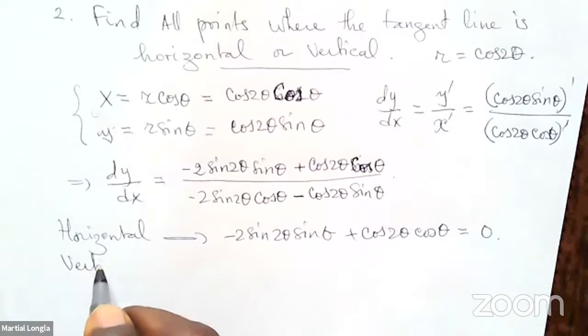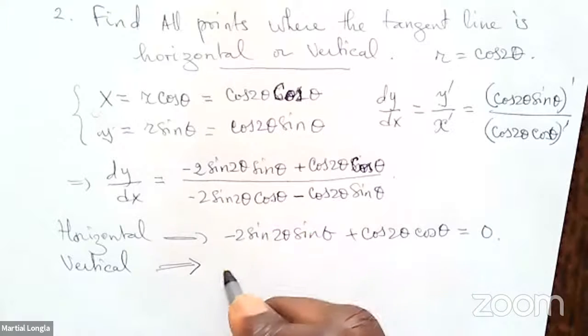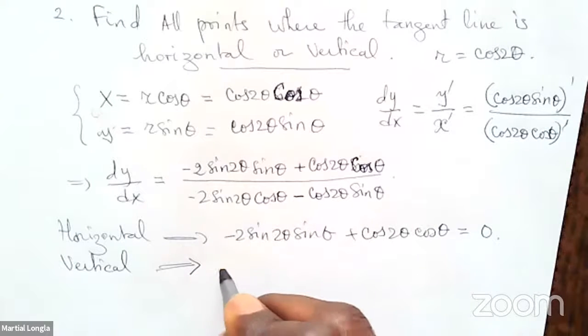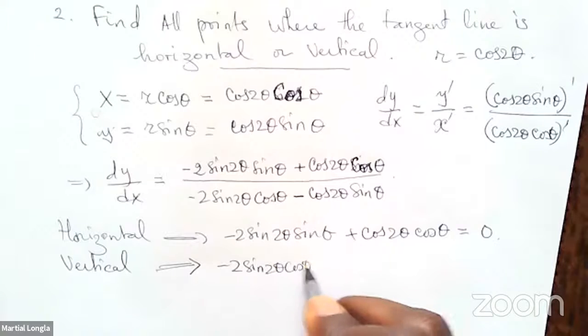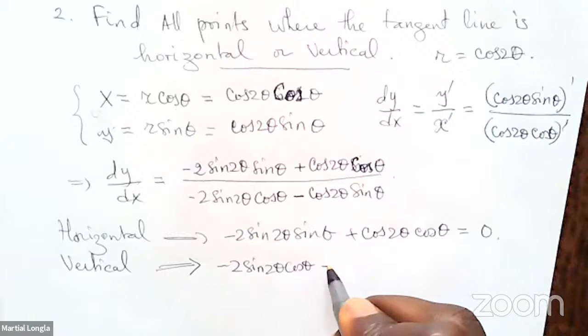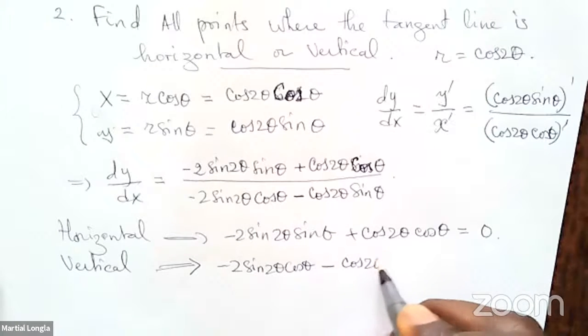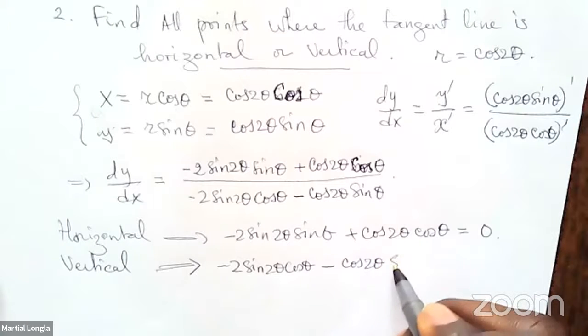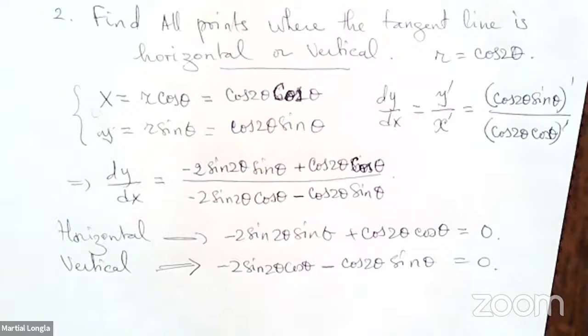And vertical would imply that the denominator is 0, -2 sine 2 theta cosine theta, and then solve each of these equations.